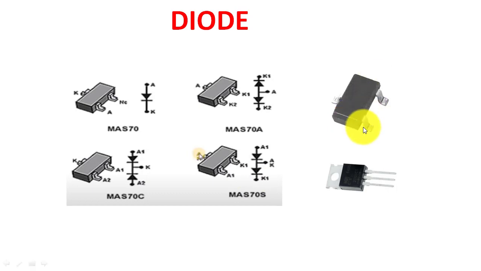You can see their types, the 3-pin diode in SMD, and this is the normal one, the analog. Now we will see how to test a diode, okay.